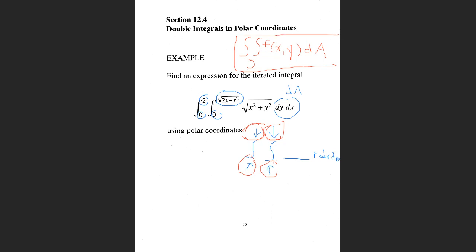So we need to find the region D over which we're integrating. We have to find the region D. In order to find the region D, based on the limits that we have, I want to be a little careful how I say it.